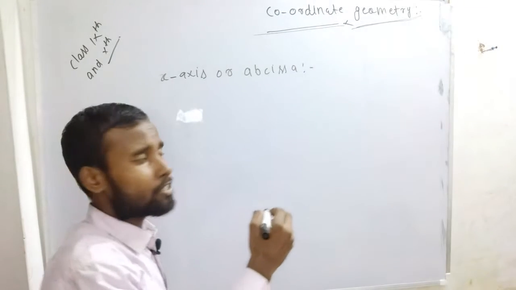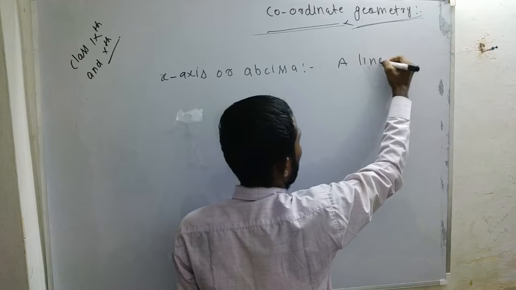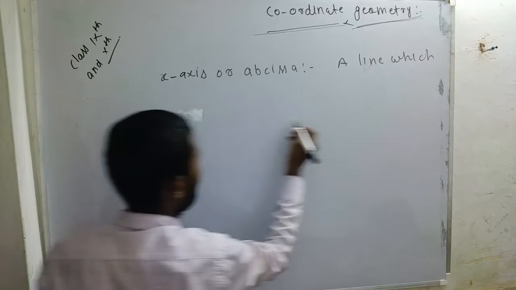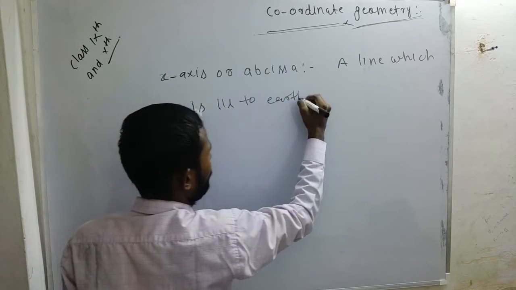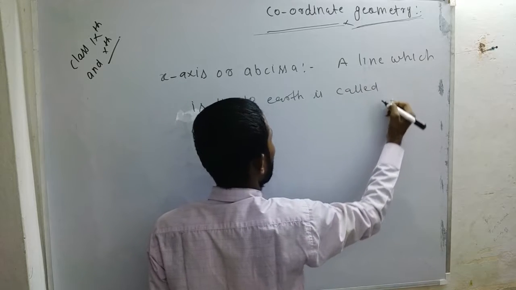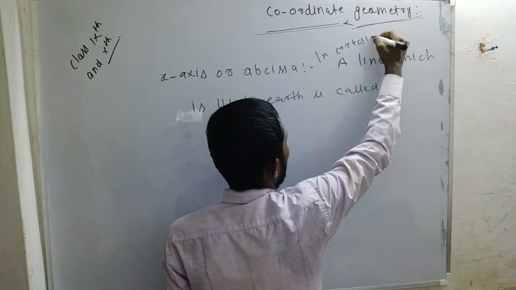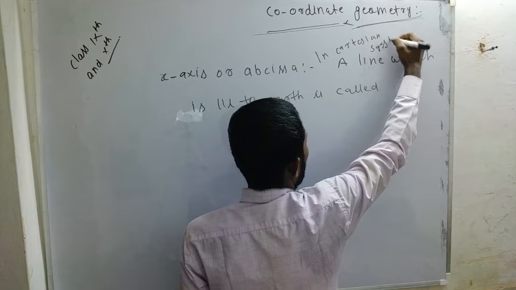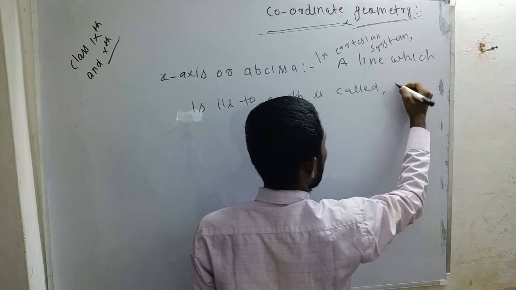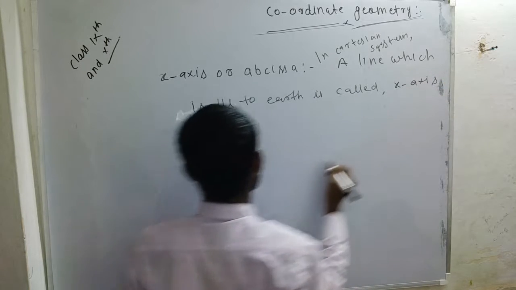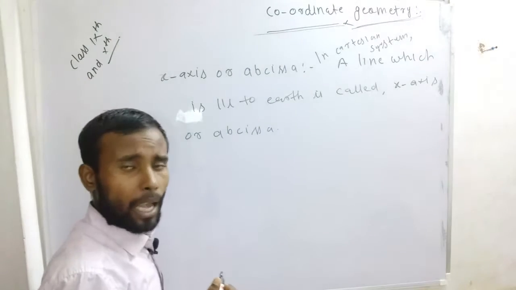In the Cartesian system, a line which is parallel to earth is called x-axis or abscissa.